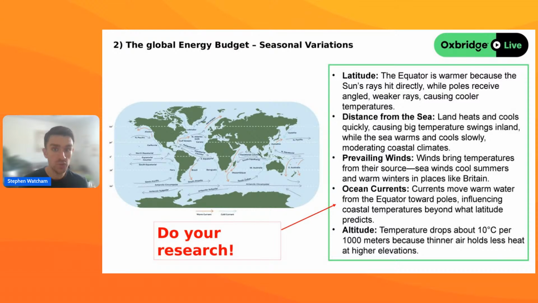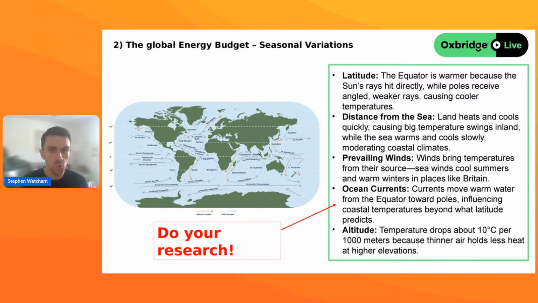Latitude, first of all. So the equator is warmer, that we know, that's where the sun gets its rays. The poles are cooler due to the angle of the sun hitting the Earth. Distance from the sea. Okay, land heats and cools quickly.